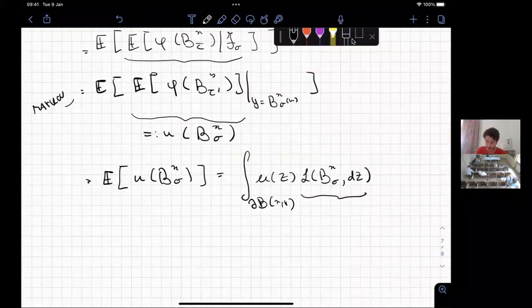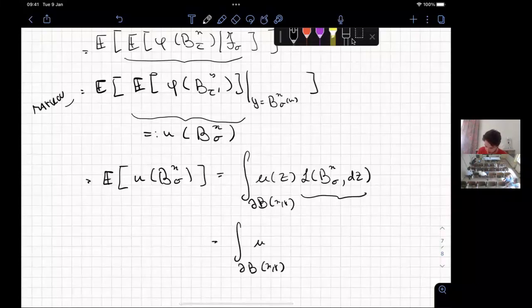So this is actually what we have called pi_r(z), the harmonic measure of a ball starting from its center.